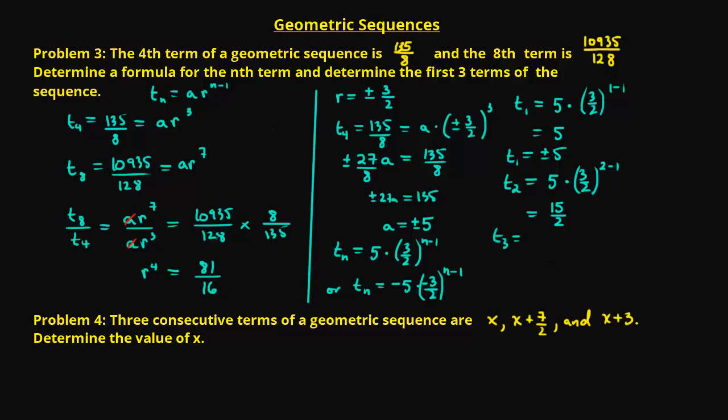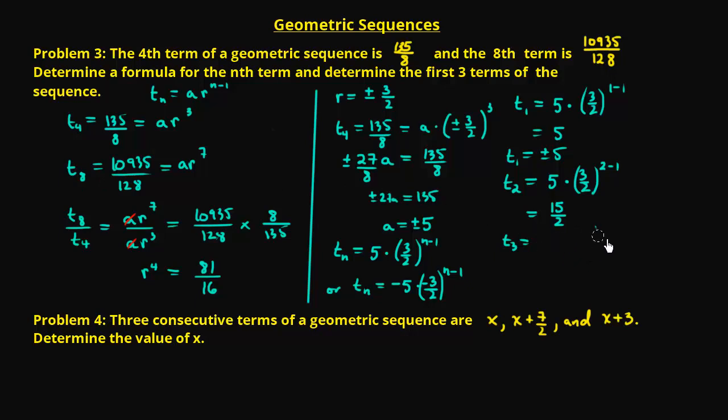So t sub 3, let's see here. T sub 3 is going to be equivalent to a, which is 5. We'll do the positive case first, and then we can rationalize the other possible value of the third term. So the third term is equal to 5 times 3 halves to the power of 2 minus 1. And let's think about this for a second. Do we really need to use this formula to calculate the next consecutive term, or can we do something that's a little bit easier?